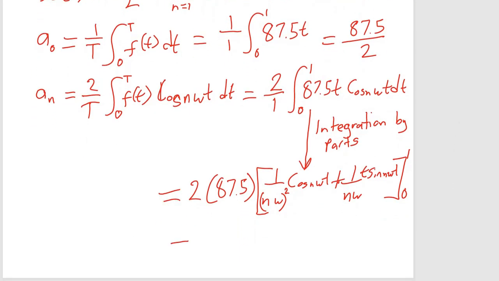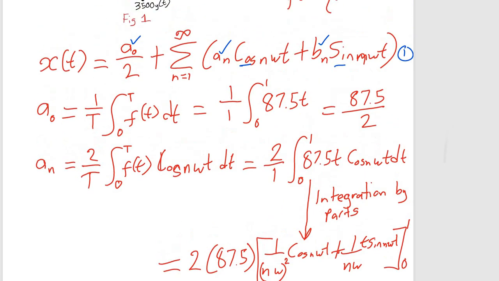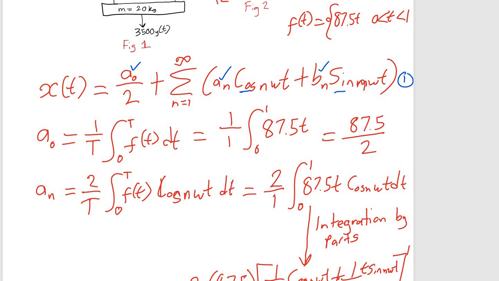If you evaluate this, you're going to get that an is equal to 0. So we have found a0 and we have found an.